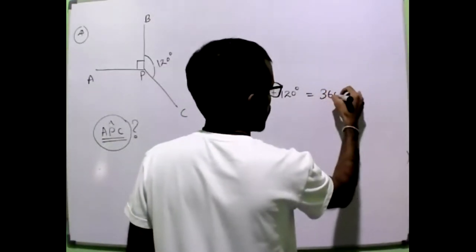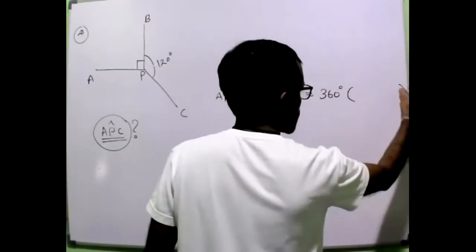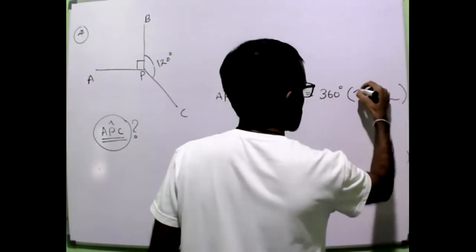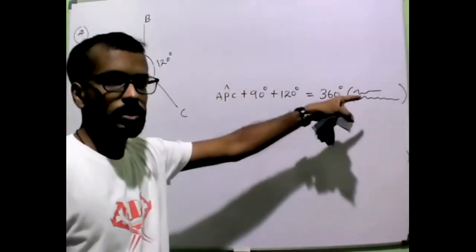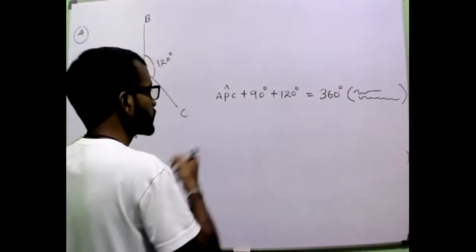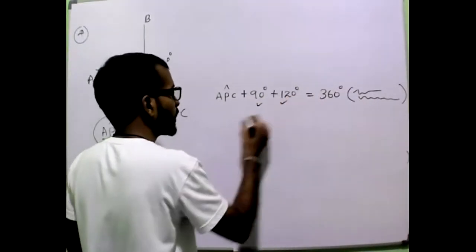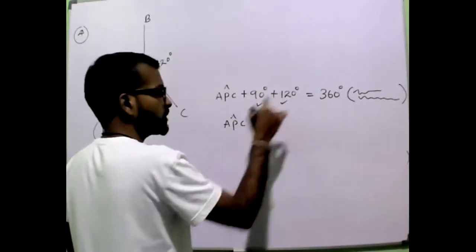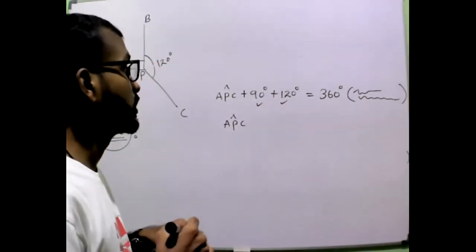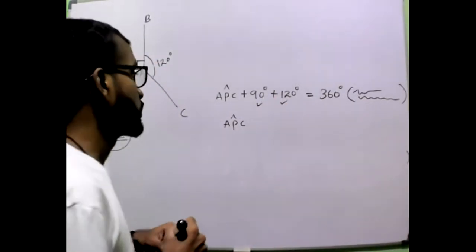So you have to write down the reason as well. The sum of the angles around the point is 360, right? So here now these are similar parts. This is APC angle, 90 plus 120. How much?